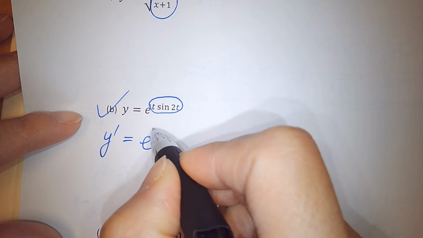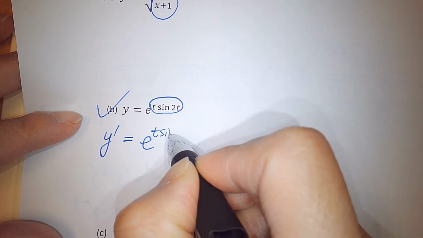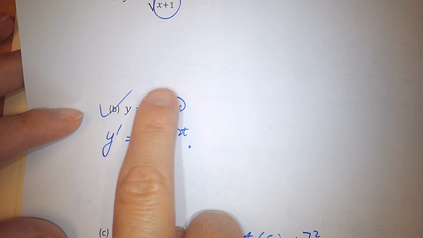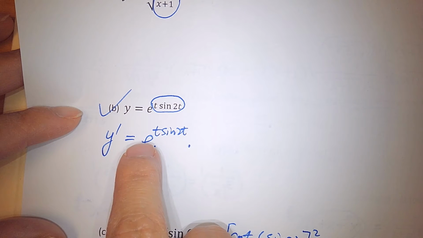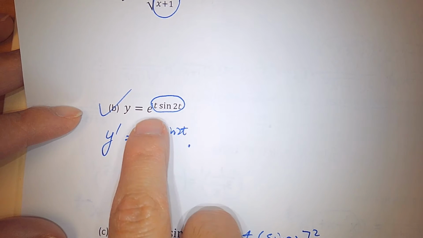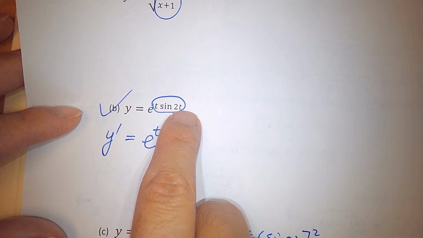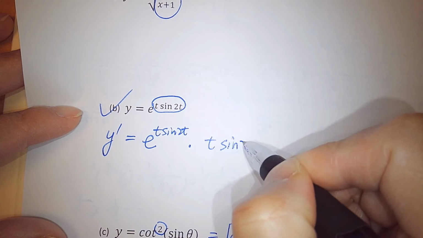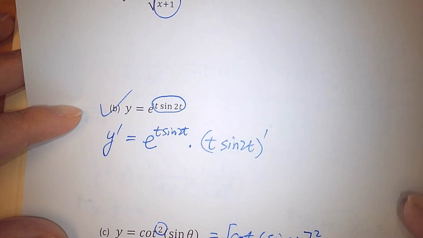So e to the t times sin of 2t. This is the chain rule. The derivative of the outer layer, the natural exponential function, is already e to the t times sin of 2t. Then times the derivative of t times sin of 2t. Do you agree with this?